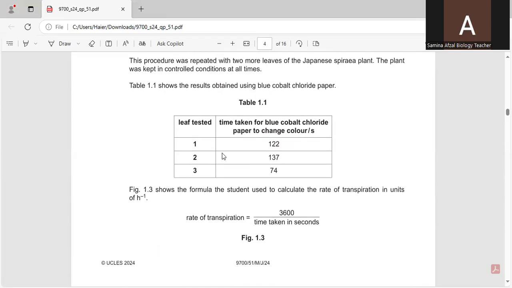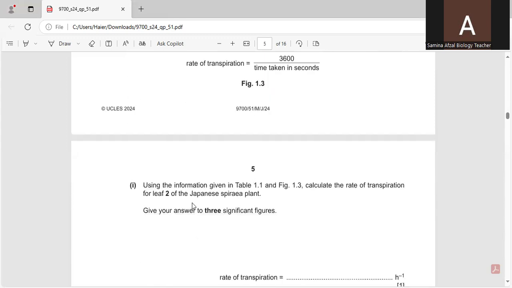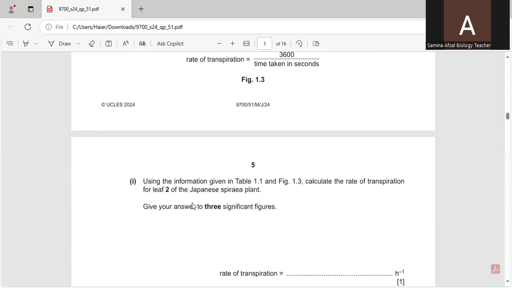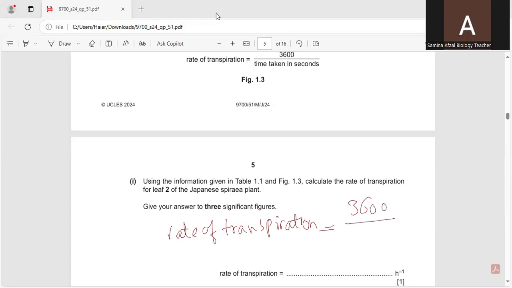And for leaf 2, it is 137. So we will calculate the rate of transpiration in this way. Rate of transpiration is 3600 over 137 for leaf 2.